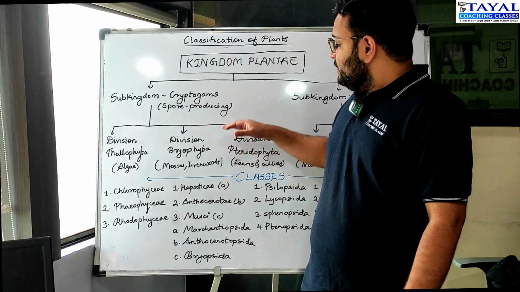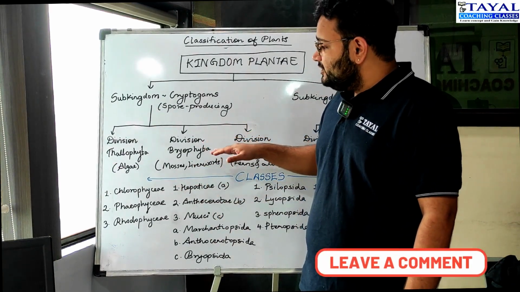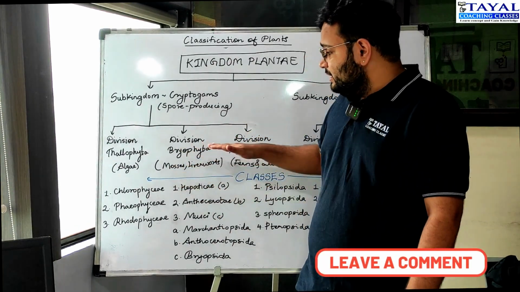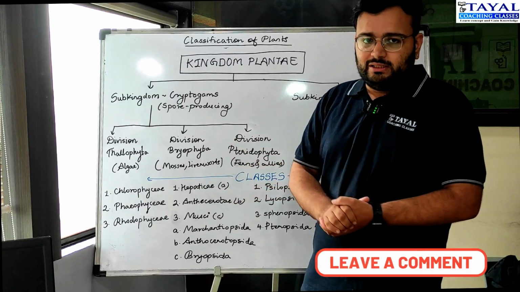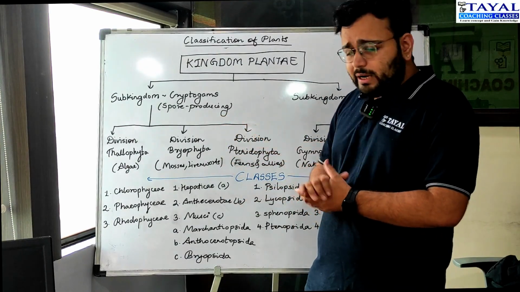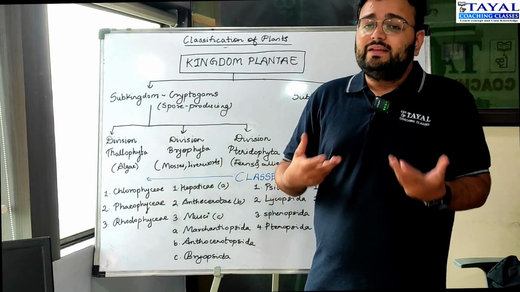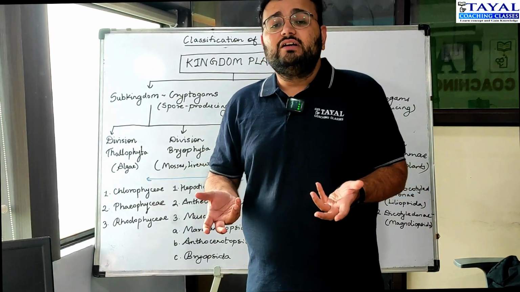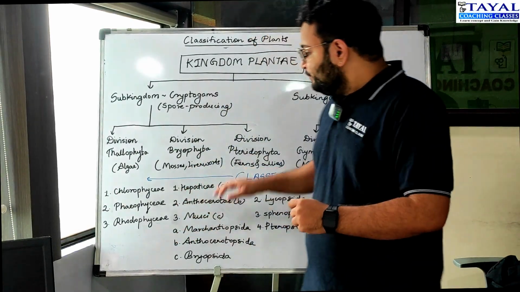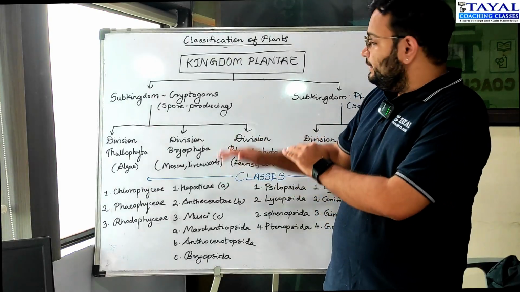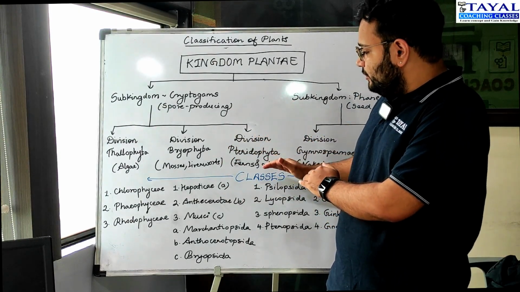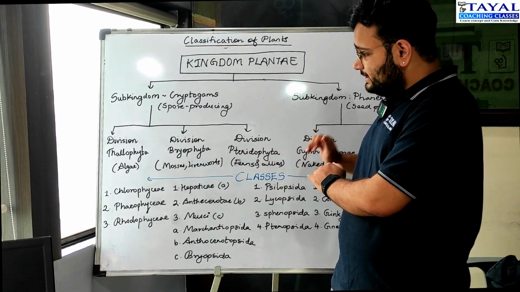Then moving on to the division Bryophyta, you have mosses, liverworts and hornworts. In the division Bryophyta, they have stem-like, root-like, leaf-like structures and do not have vascular bundles. The first vascular bundles appear in the next division, which is Pteridophyta, which has ferns and their allies.